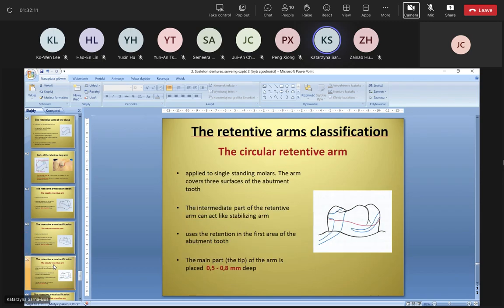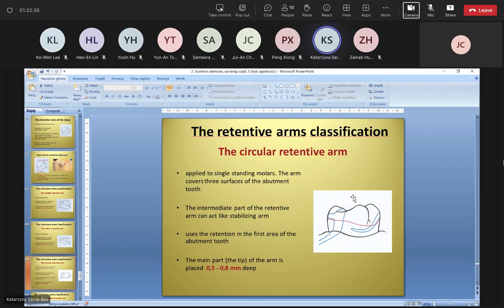Then we have the circular retentive arm. The circular retentive arm is applied to single standing molars. So not for all abutments, but only for single standing molars. The arm covers three surfaces of the abutment tooth. Three surfaces means, for example, mesial one, occlusal one, and buccal one.